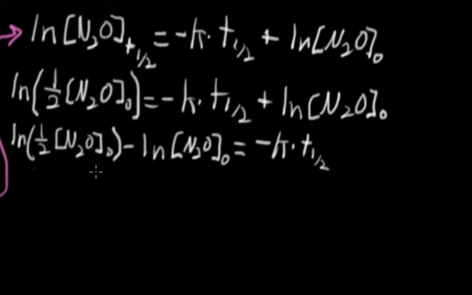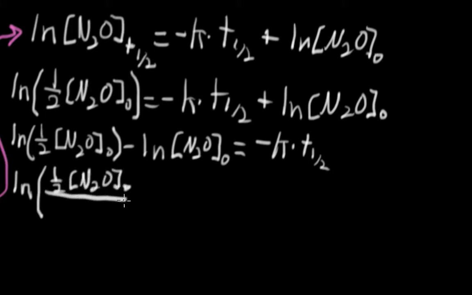I'm going to use logarithm rules to combine the two terms. So the natural log of 1/2 the initial concentration of N2O gas divided by the initial concentration of N2O gas is equal to negative k times the half-life, T1/2.